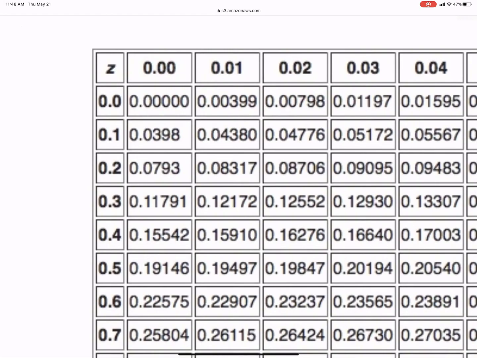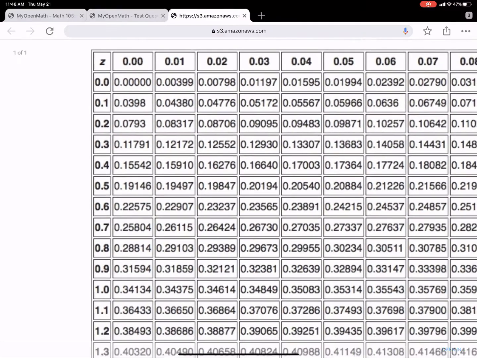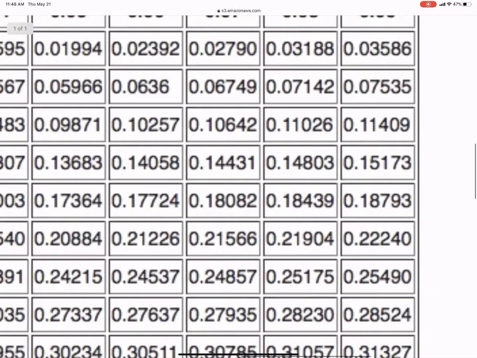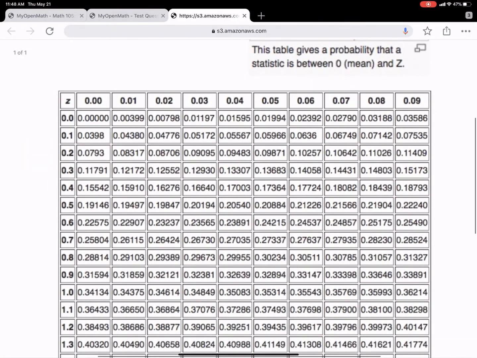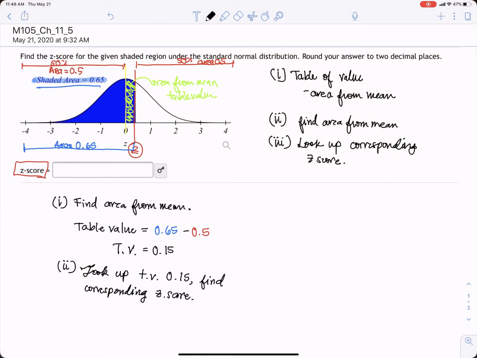So the z-score that corresponds to 0.1573 is 0.39. So the z-score is equal to 0.39.